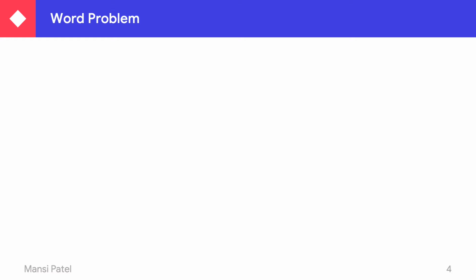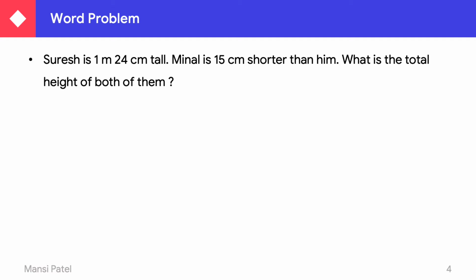Let us see another example. Suresh is 1 meter and 24 centimeter tall. Minal is 15 centimeter shorter than him. In this question, they were given the height of Suresh, and they were not given the height of Minal.